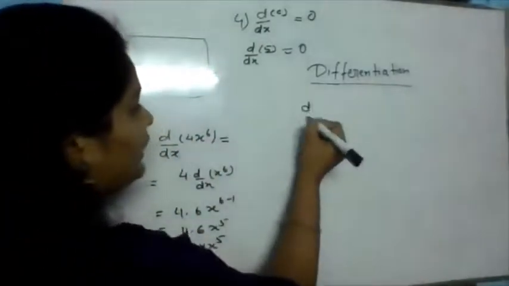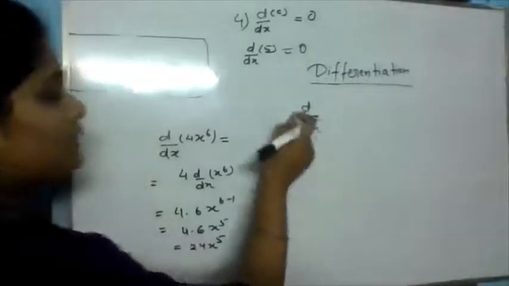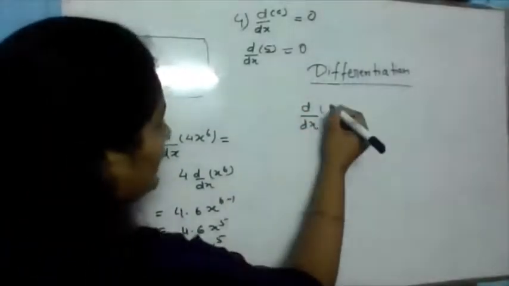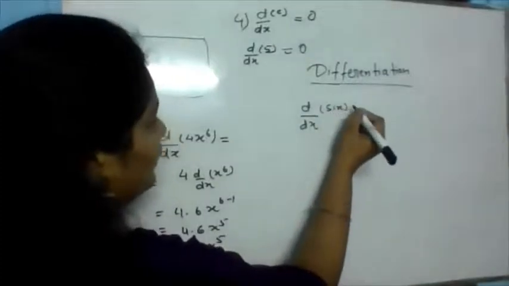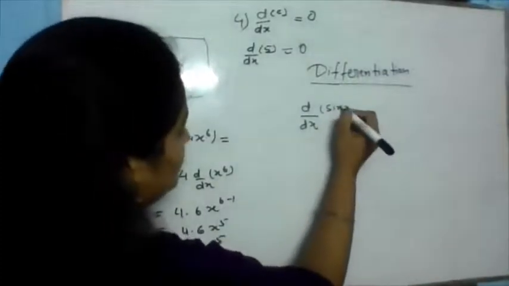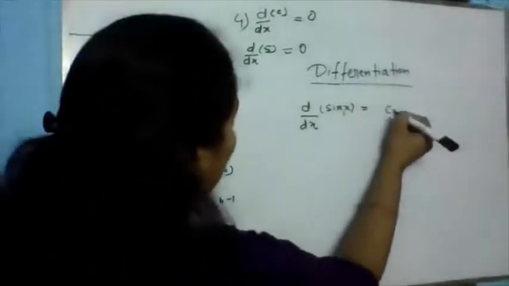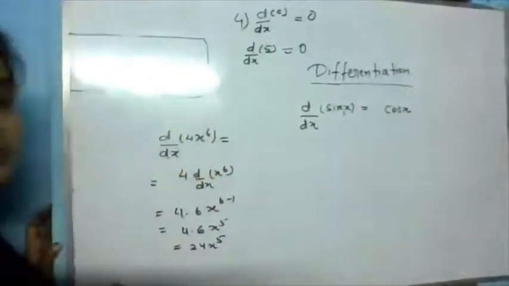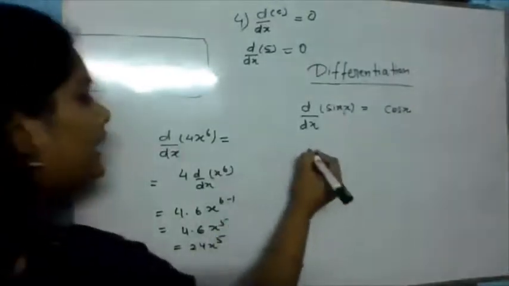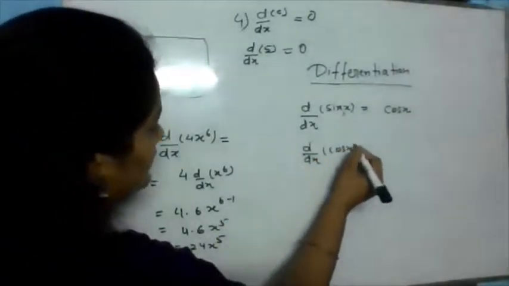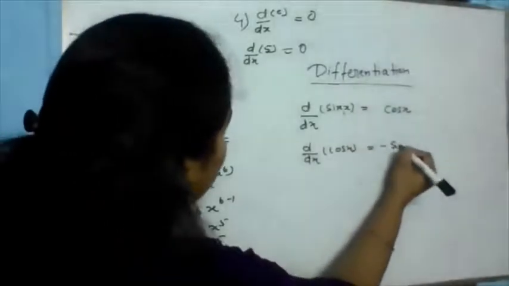Now see what happens when we apply this operator on any trigonometric function. If I apply this operator on sin x, then I will get cos x. And if we apply this operator on cos x, then I will get minus sin x.